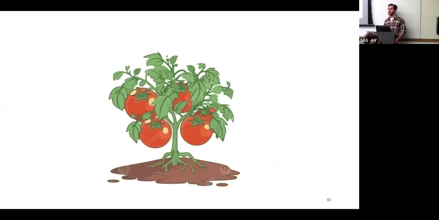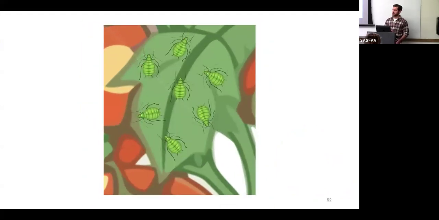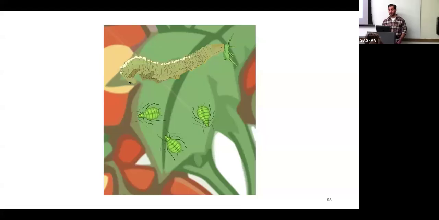As an example of this, I'm going to go through a scenario. Let's say I have a vegetable garden in my backyard, and I have been using pesticides because aphids are attacking my tomatoes. Those bastards. Now there are a lot of other insects that actually love to eat aphids, including this little guy here, which is a hoverfly larva.